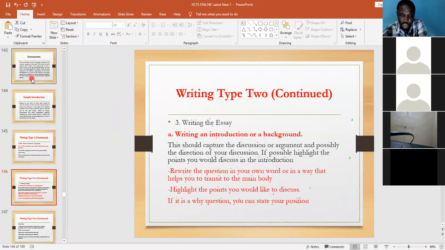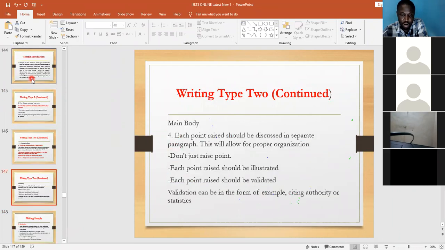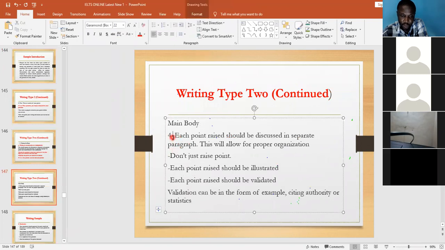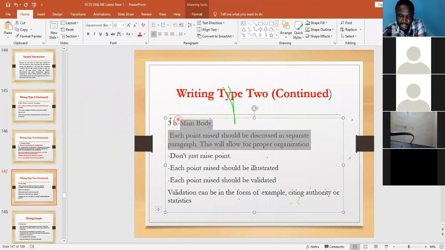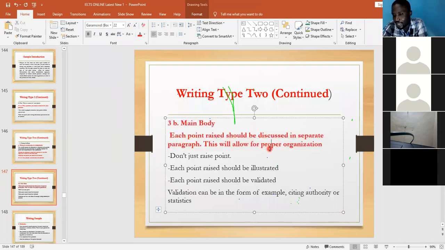Here I named it 4, but let me name it 3B, the main body. I said here that in the main body each point raised should be discussed in a separate paragraph. Yes, please note it. Don't combine unrelated points.